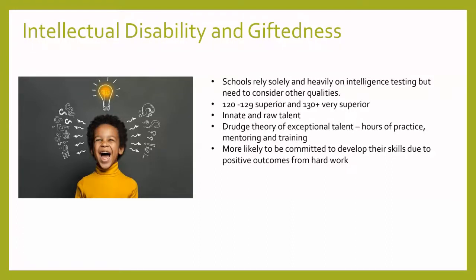And when people are gifted and exceptional, they're often more likely to be committed to develop their skills because of the positive outcomes that they get from hard work. So that's what giftedness is: giftedness can be developed through extreme hours of practice, mentoring and training, and also a commitment to being gifted.